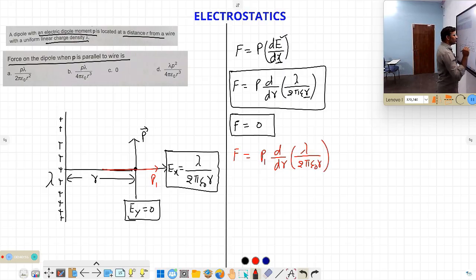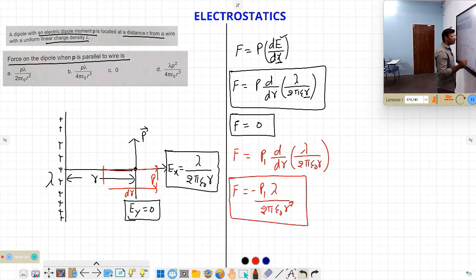Now the r value changes from here to here, so there is a change in r, that is dr, and r can be differentiated. If we differentiate, we get P1 lambda times d by dr of 1 by r, which is minus 1 by r square. That means the force is minus P1 lambda by 2 pi epsilon naught r square.